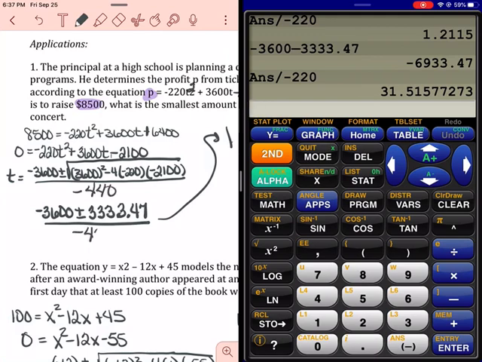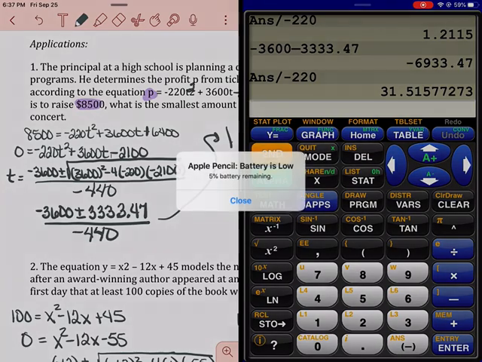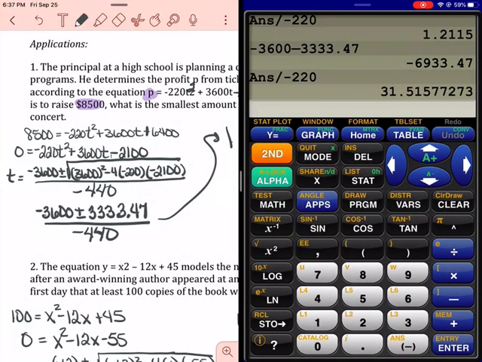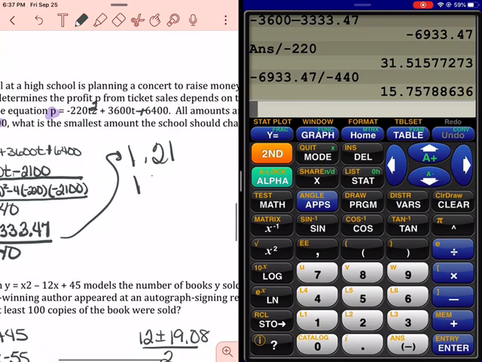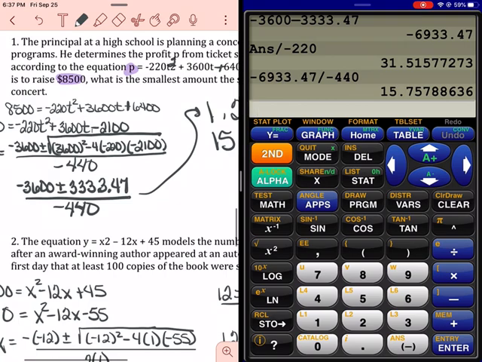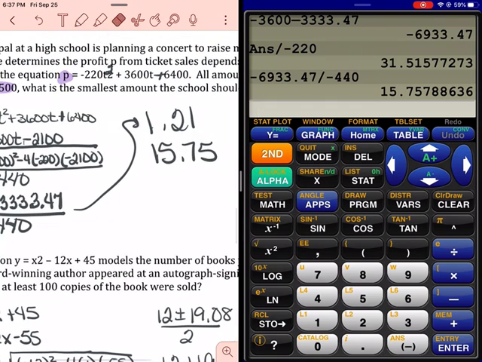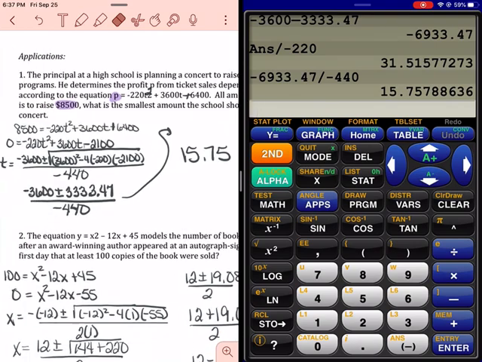Negative 440. Okay, yes, I know. So negative 6933.47 divided by negative 440. Okay, so that's $15.75 per ticket. Okay, that makes a little bit more sense than $1.21.